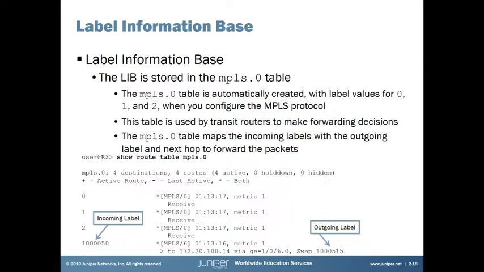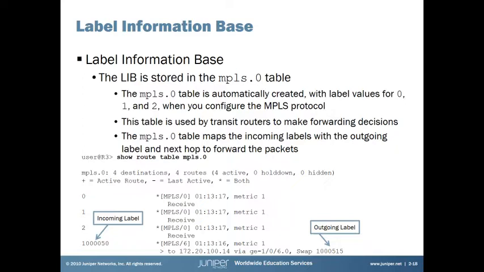So what's the mechanism? The mechanism for this lookup is contained in a table called mpls.0, and what we have is an incoming value. We have a lookup there which will reference an interface, and we have an outgoing value.